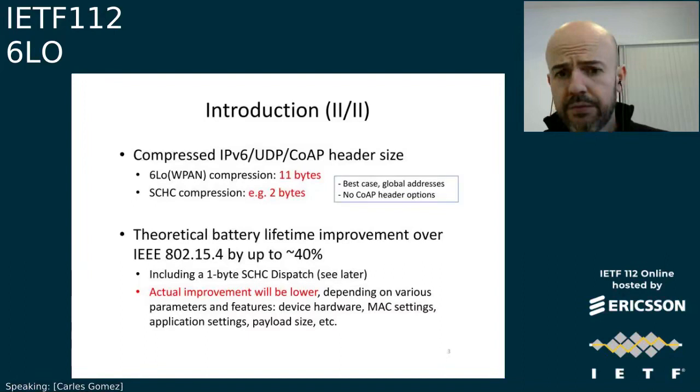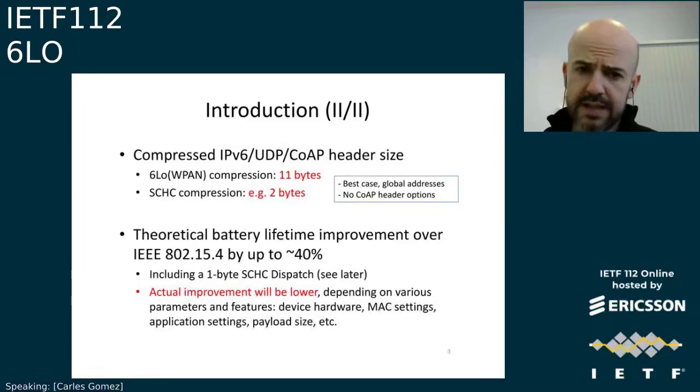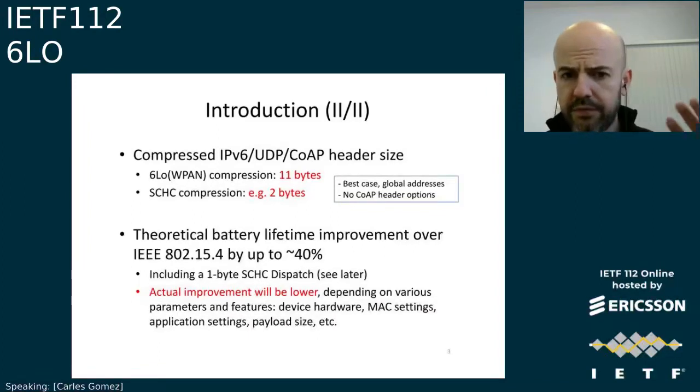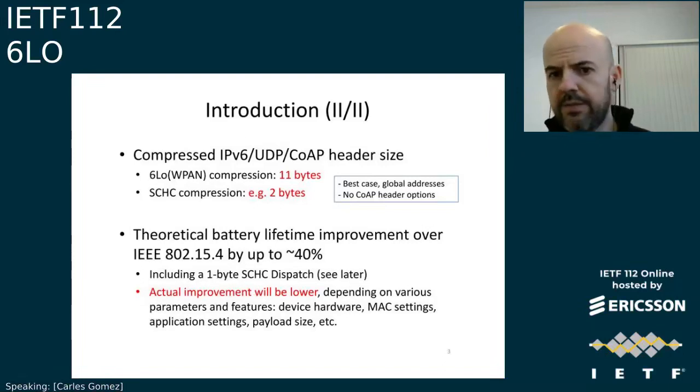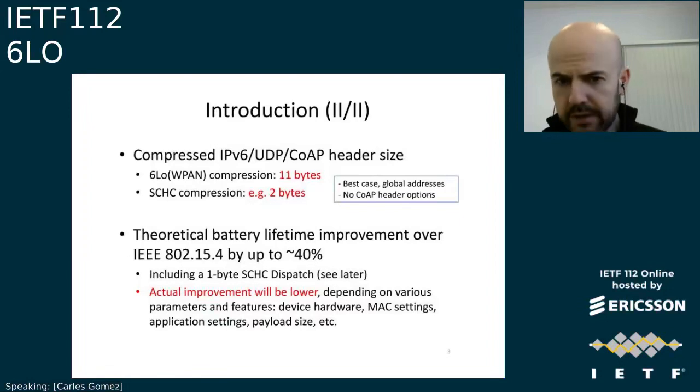So for battery-enabled devices, this may represent a theoretical battery lifetime improvement when those packets are sent over 15.4 of up to roughly 40%, even if we include an additional third byte, which would be the SCHC dispatch, as will be shown later. A disclaimer here is that the actual improvement will be lower, depending on various parameters and features, such as the device hardware, including the sleep state current consumption, MAC layer and application layer settings, payload size, and so on. Next, please.